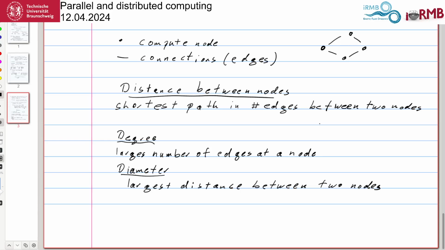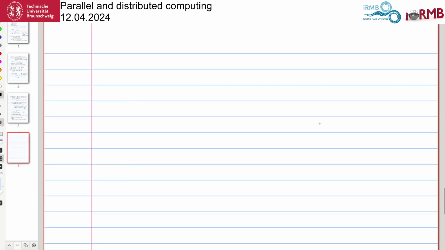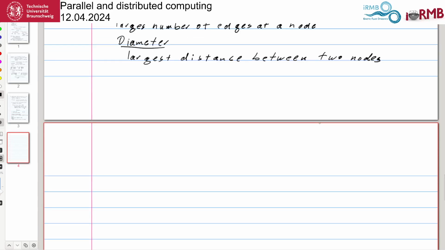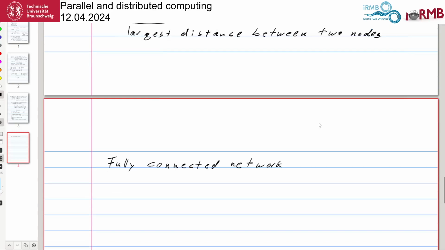Okay, let's look at some of these examples. Conceptually, the simplest network is the fully connected network. It's also the one that is the most difficult to build. If we go back to the example of 4 nodes, then a fully connected network would simply connect all the nodes to each other.